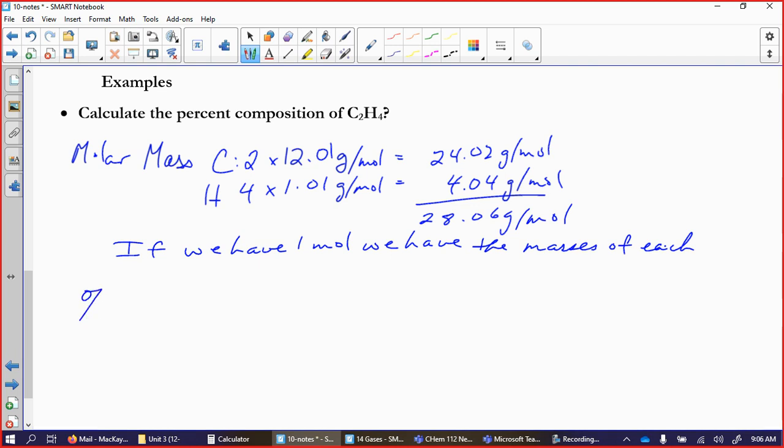So we know the mass of carbon is 24 grams of carbon.